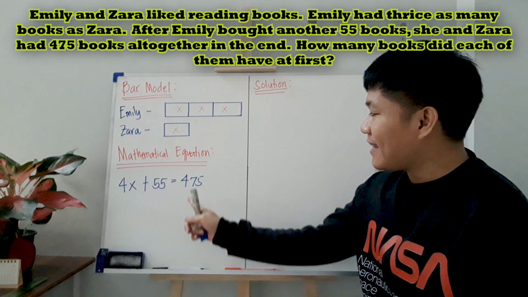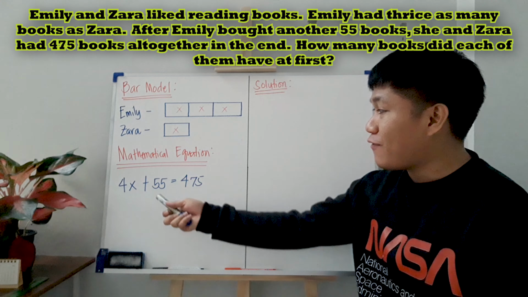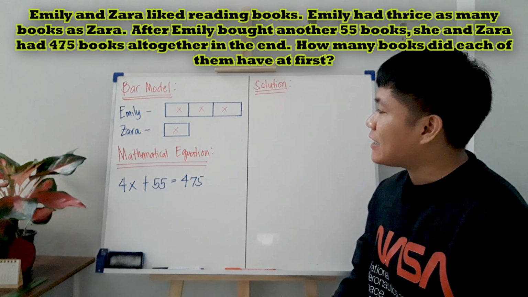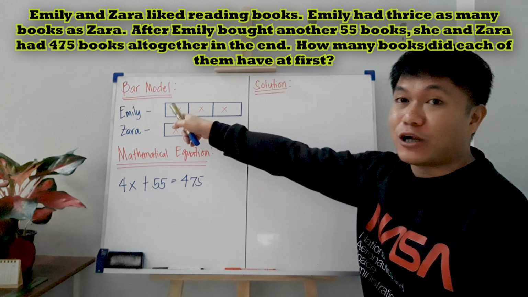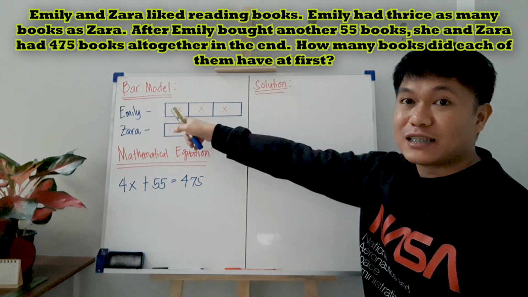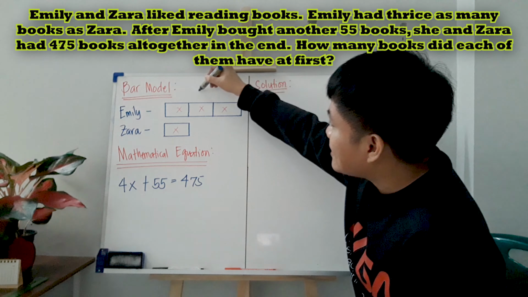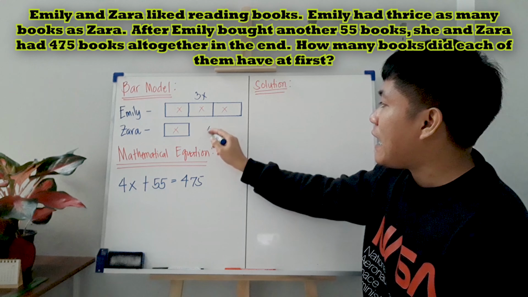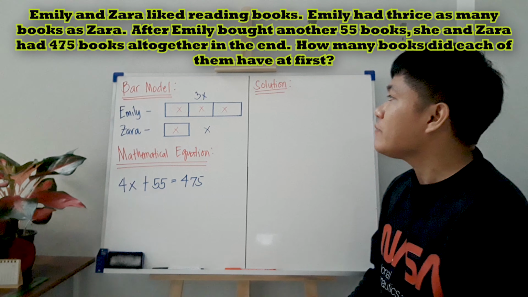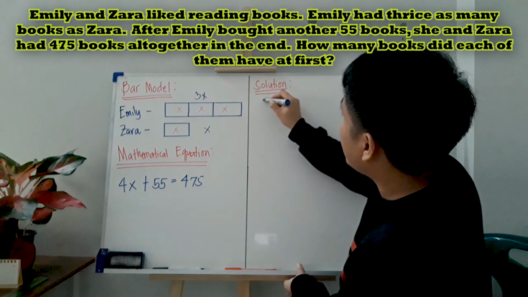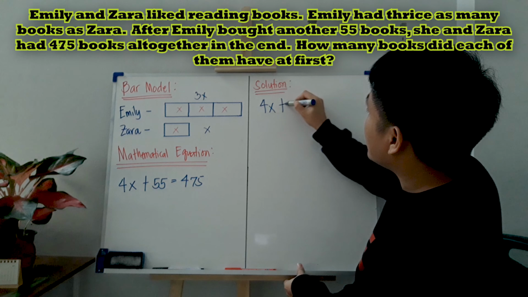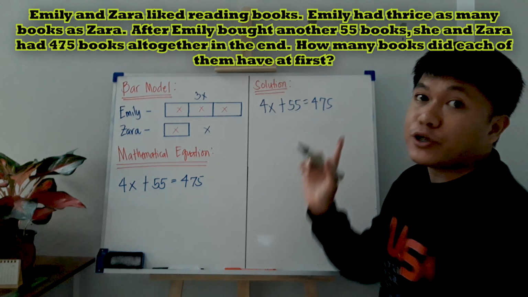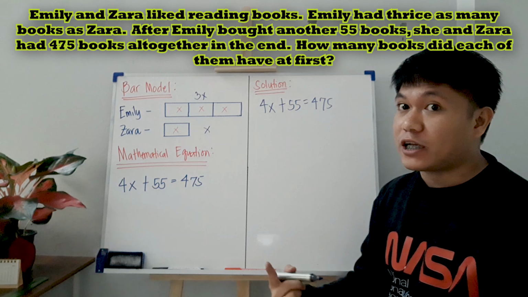We have the mathematical equation 4x plus 55 equals 475, and in the bar model there are 3 units for Emily, represented by 3x, and 1 unit for Zara, which is x or 1x. First, we have 4x plus 55 equals 475. Our goal here is to get the value of the variable x.